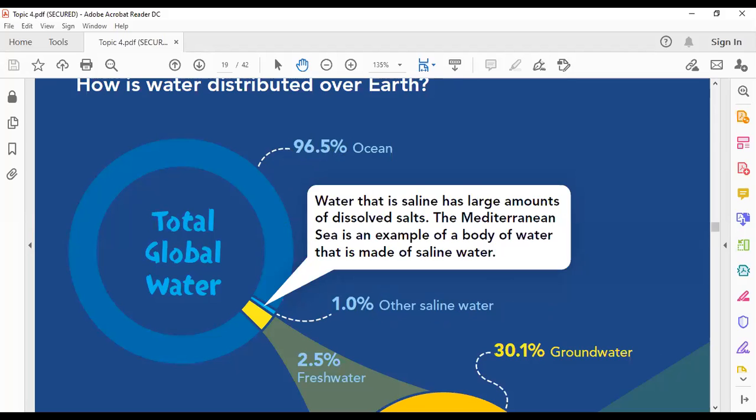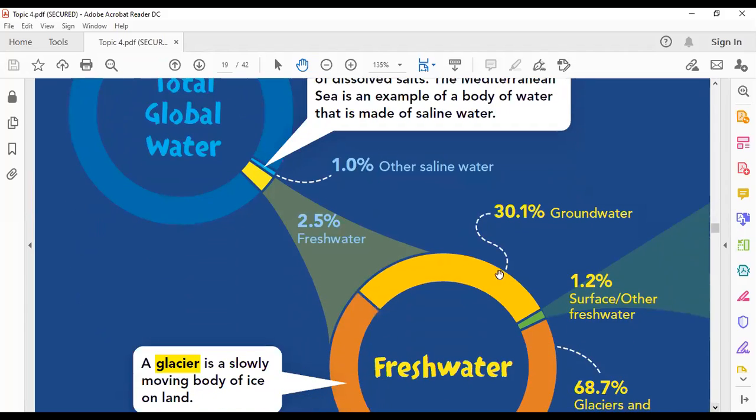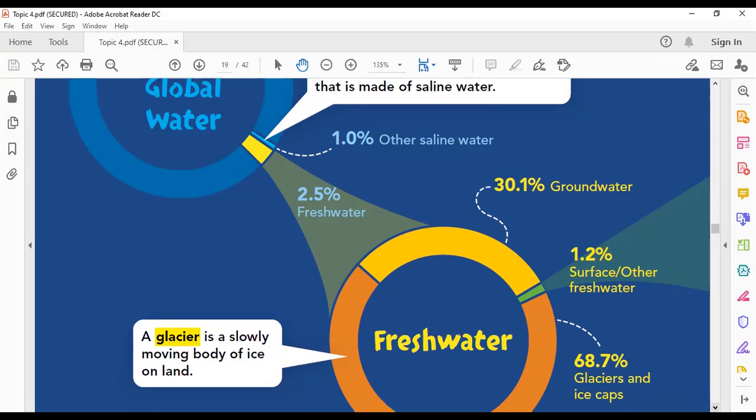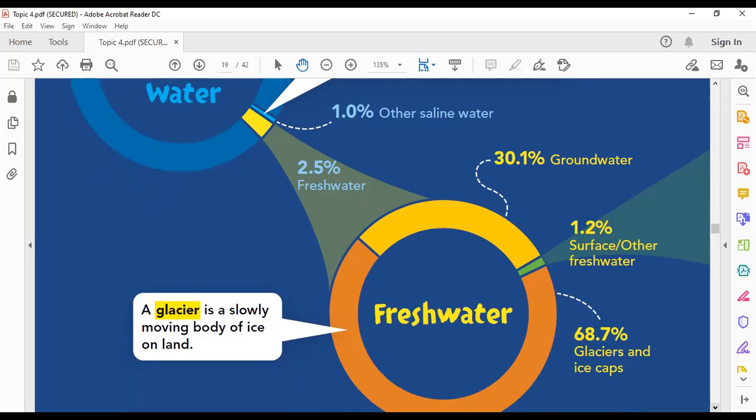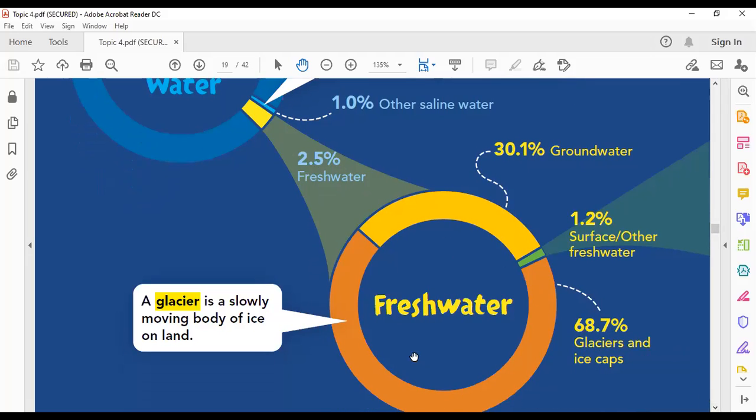Now, only this part that is colored in yellow is fresh water. It is 2.5% only. 2.5% of all water on Earth is fresh water. And this circle shows how it is distributed. So this circle represents all of the 2.5%.